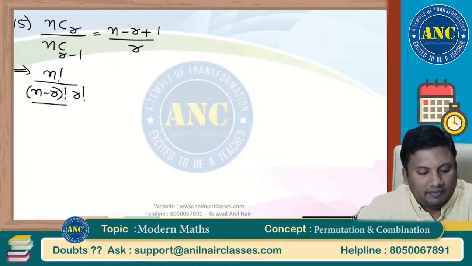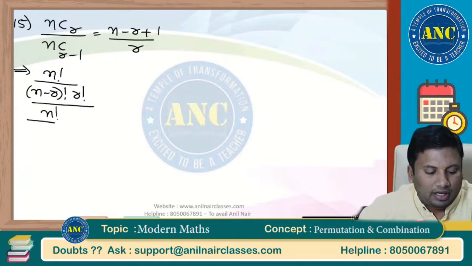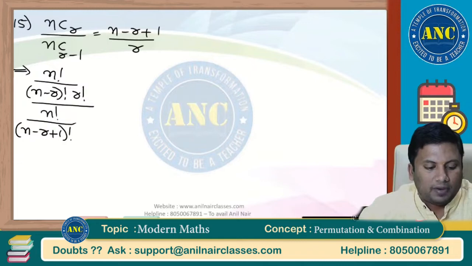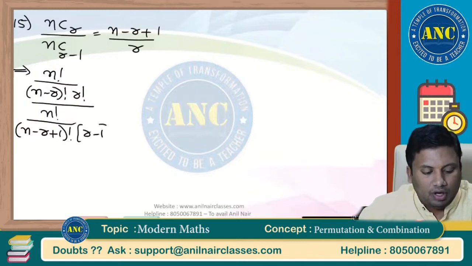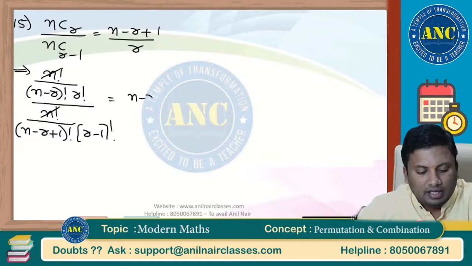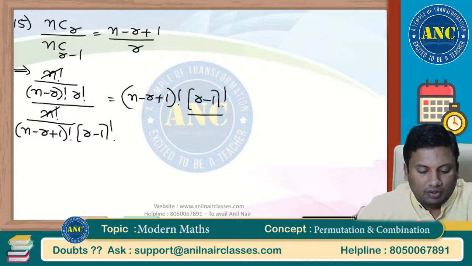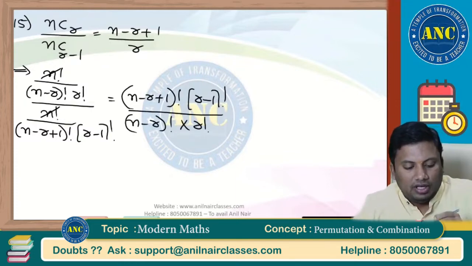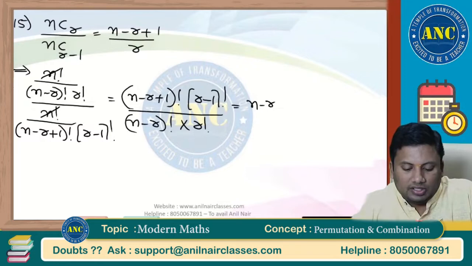NCR minus 1 is n factorial by n minus r plus 1 factorial into r minus 1 factorial. Dividing, the n factorial cancels. These are nothing but n minus r plus 1 factorial into r minus 1 factorial divided by n minus r factorial into r factorial. So these are nothing but n minus r plus 1.